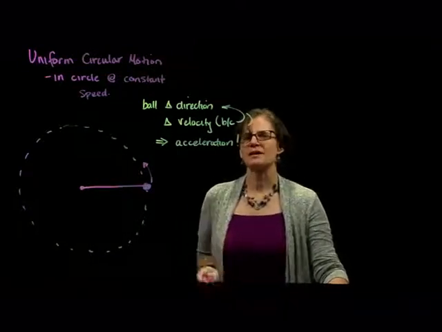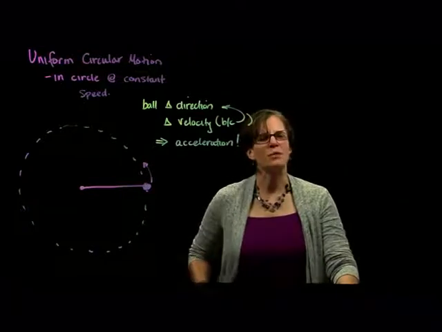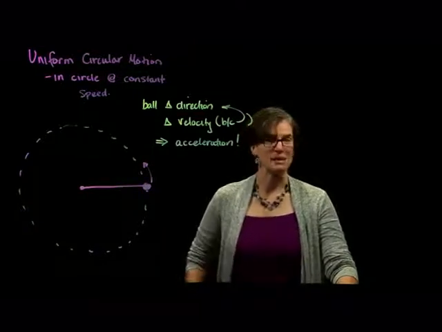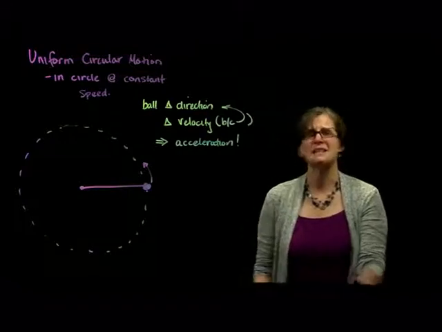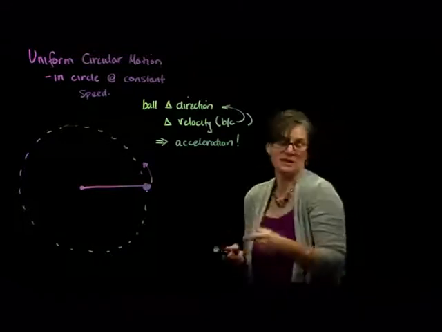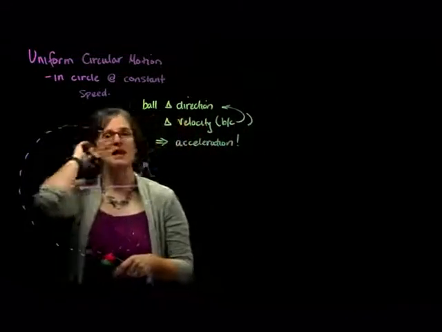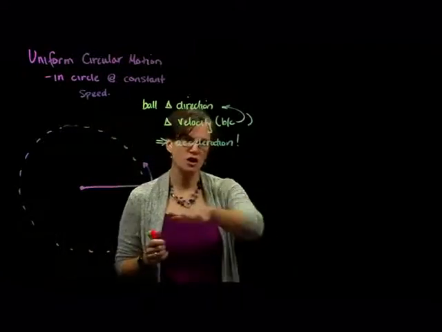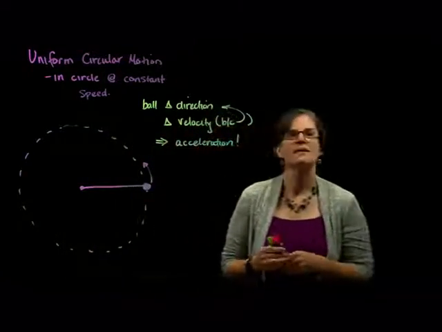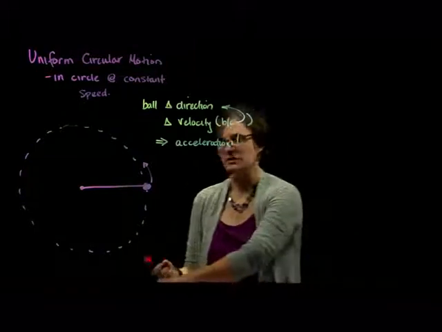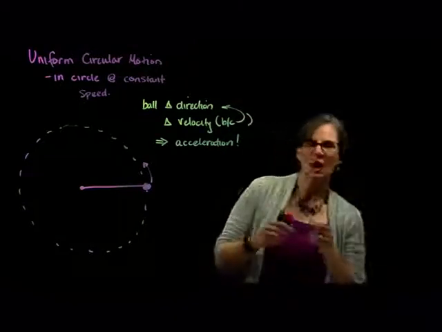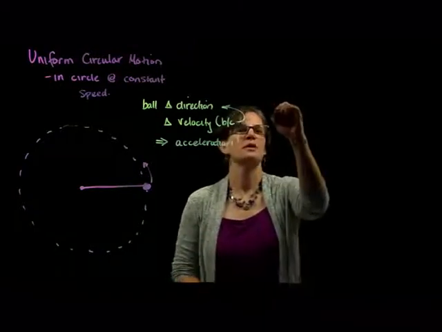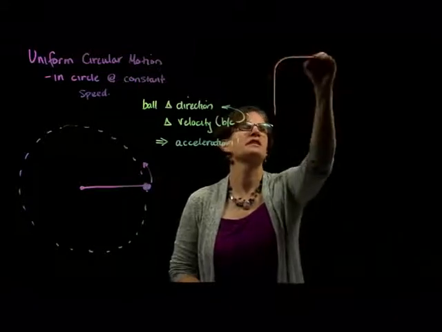So let's explore that acceleration a little bit. Let's look and see what it's related to. This acceleration is related to a couple of things. Let's imagine that we're driving in a car and we're turning the corner of a road. Now, if we were to look at the top-down view of that road, here would be my road, and let's say I'm turning to the right.